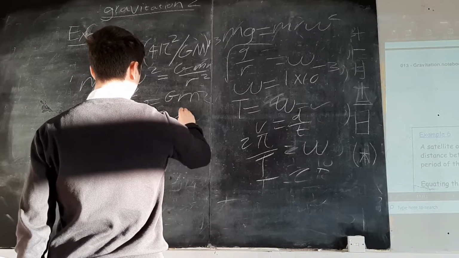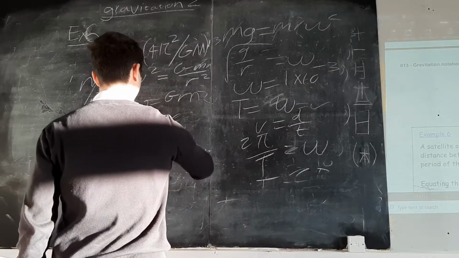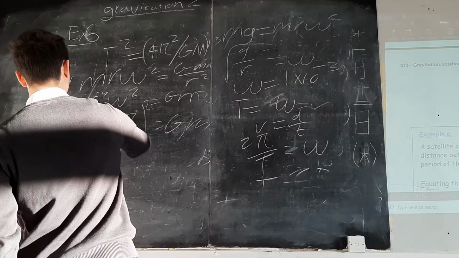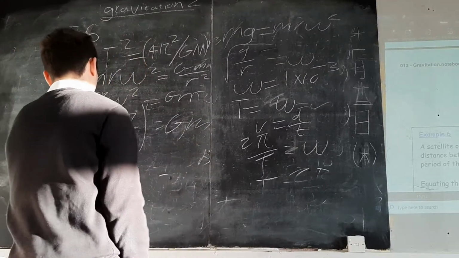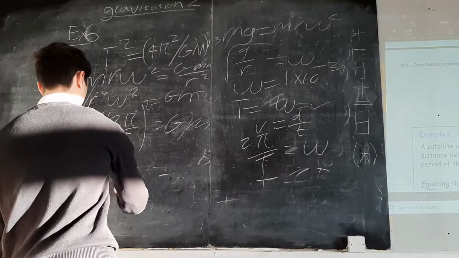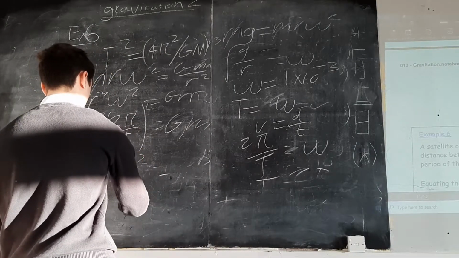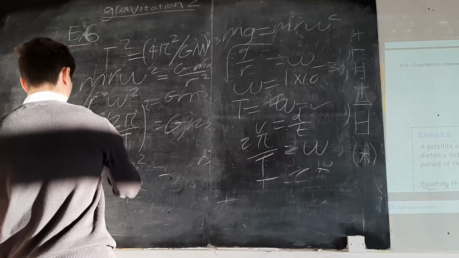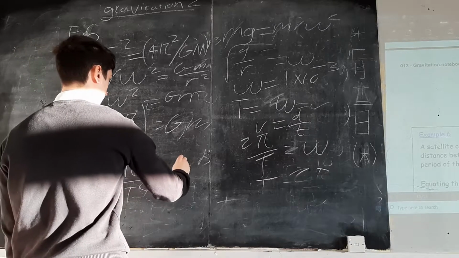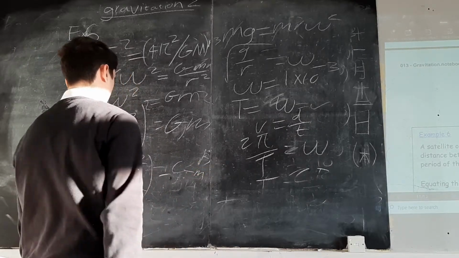So 4 pi squared over T squared, R cubed, equals GM.